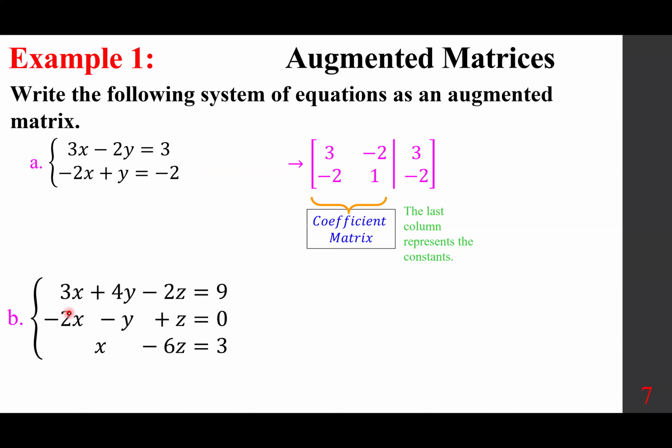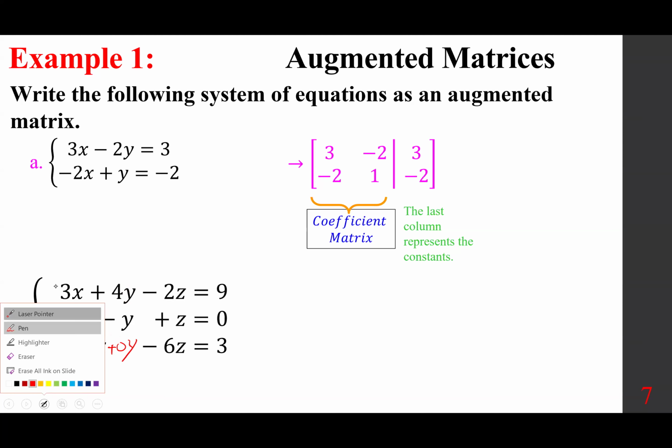Now for this one, just quickly, and we will look at it in more detail. The first column represents x, the second one y, the third one z. So this would be 3, minus 2, 1. The y's would be 4, minus 1, and I'm going to add 0y.